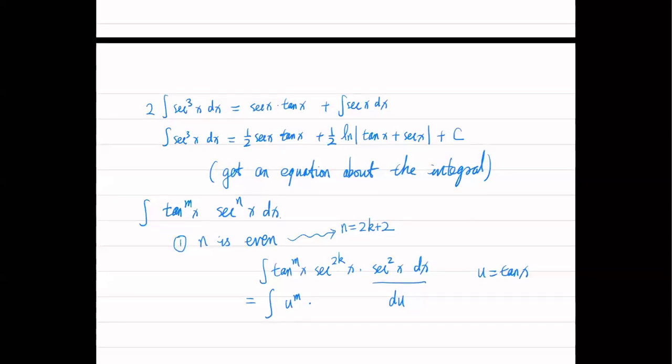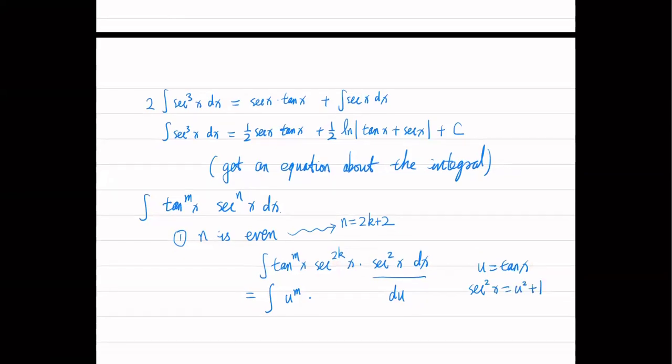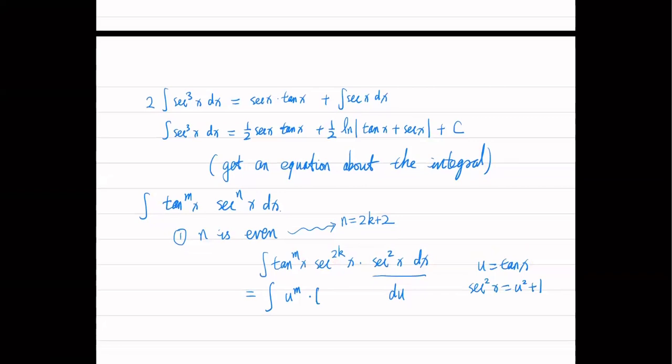Sakina, how do you convert secant 2kx to a function of u? Yes. Now you know where this goes.